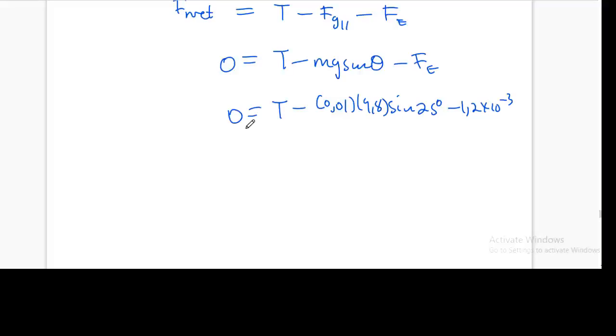That is our equation: 0 equals T minus 0.0402. Let me take this to the other side. So now I can see that my tension is 0.0402.